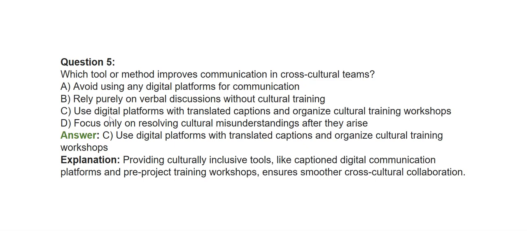So definitely C, as it is more comprehensive and covers each aspect regarding the cross-cultural approach. C is the answer, as providing culturally inclusive tools like captioned digital communication platforms and pre-project training workshops ensures smoother cross-cultural collaboration.